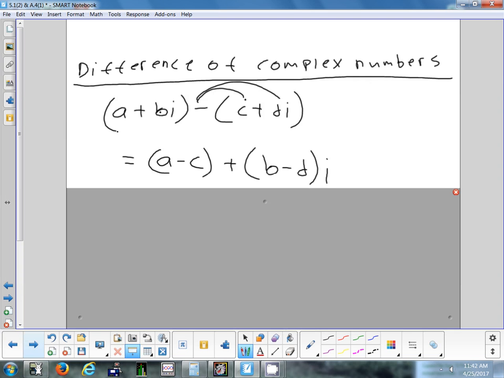The sign between them depends on if B minus D is a positive or negative number. If B was 2 and D was 5, 2 minus 5 would give me a -3. So we'll do a couple problems and you'll see.